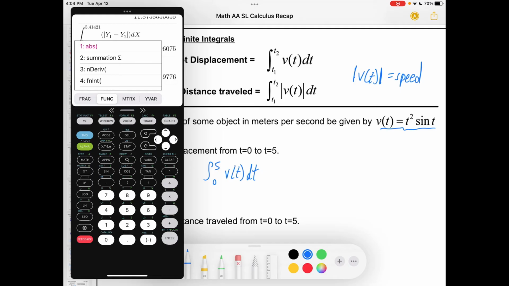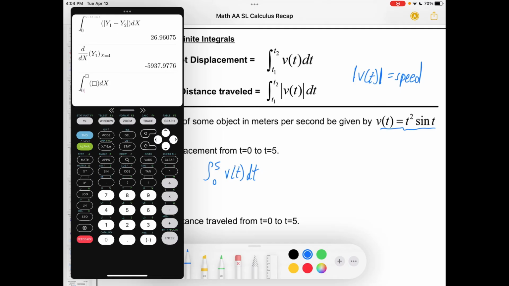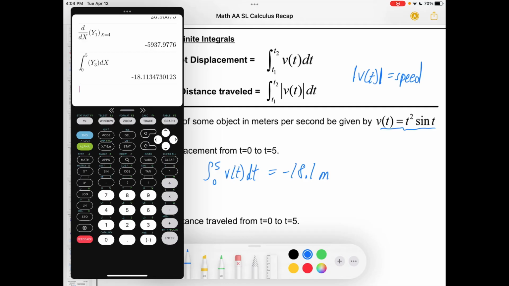Alpha window, fn integral, or you can find it under math, and I'll just tell it use that y3 function. So that was under alpha trace. Bam. It tells me negative 18.1 meters. Okay. Now, what does that mean? Here's the simple explanation. It means it ended up 18.1 meters left of where it started, or in the negative direction of where it started.